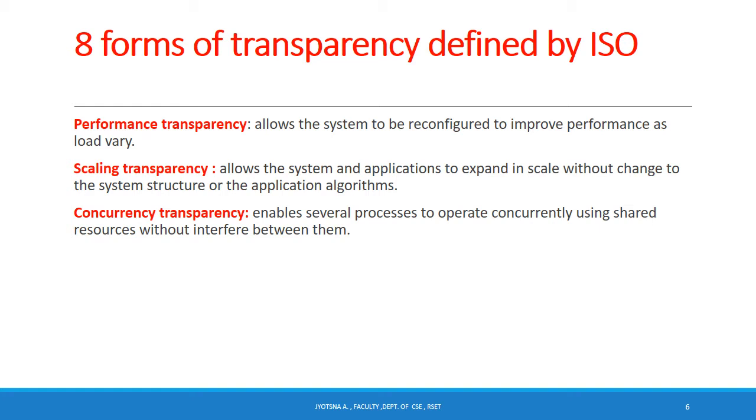It allows the system to be reconfigured to improve performance as load varies. Scaling transparency allows the system and the applications to expand in scale without change to the system structure or application algorithms. Concurrency transparency enables several processes to operate concurrently using shared resources without interference between them.